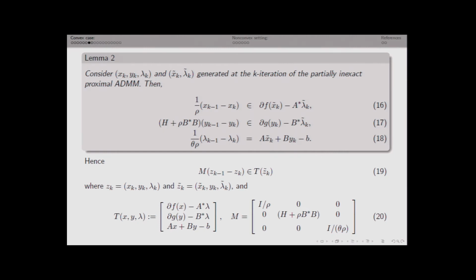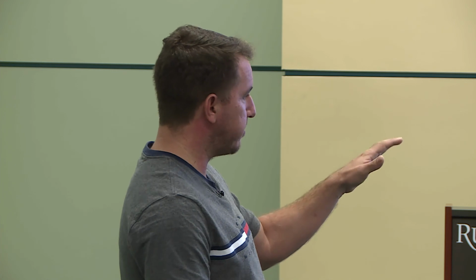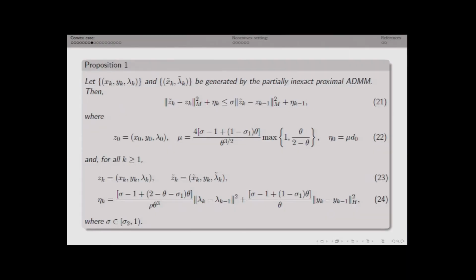What we have seen is that for the subproblem we are using the Hpe method, but the outer procedure is also an Hpe type method. It's a modified Hpe method, especially because when you do some calculations, you also see this inequality.